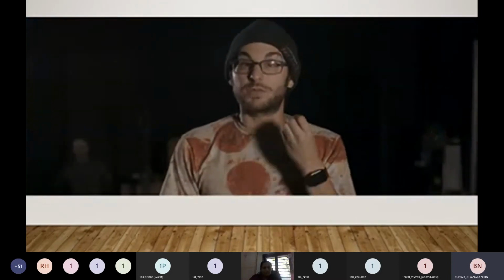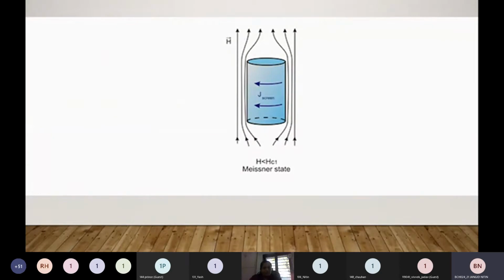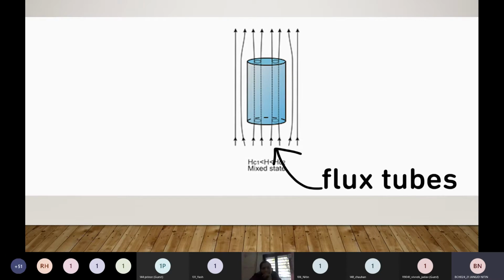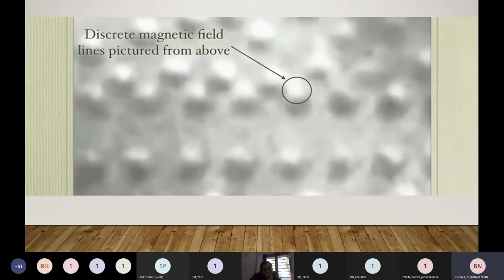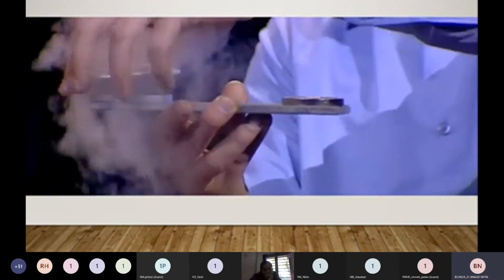That's due to a phenomenon called flux pinning or quantum locking. Basically, while the Meissner effect means that any superconductor will expel magnetic fields, if you intentionally introduce some imperfections into that material, then a little bit of the field can penetrate it in discrete quantities called flux tubes. Inside each of the tubes, a tiny bit of magnetic field gets trapped inside the superconductor, pinning it in place.